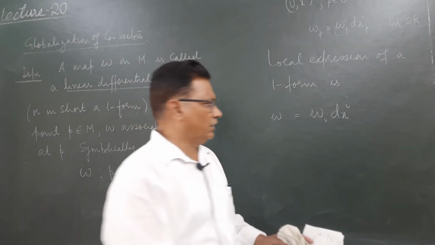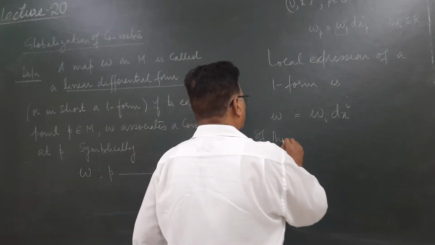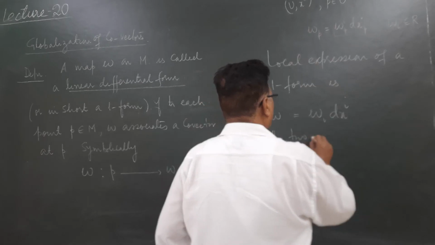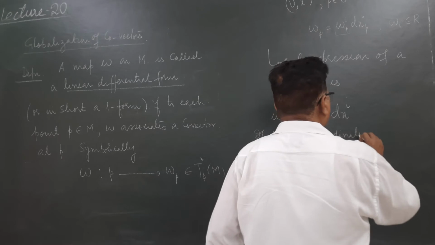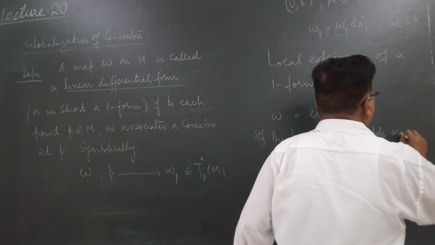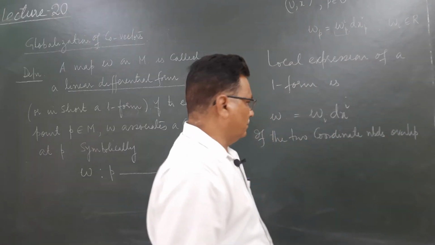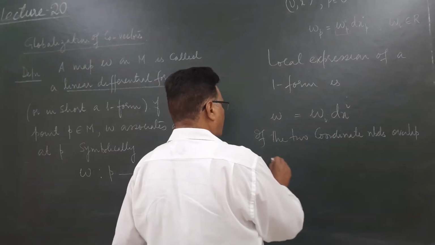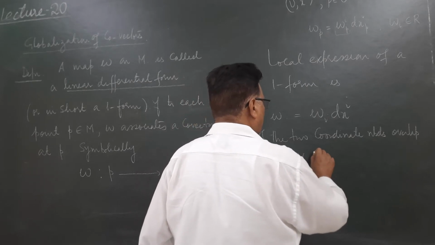Suppose the two neighborhoods intersect, if the two coordinate neighborhoods overlap, that is U intersection V is non-empty.